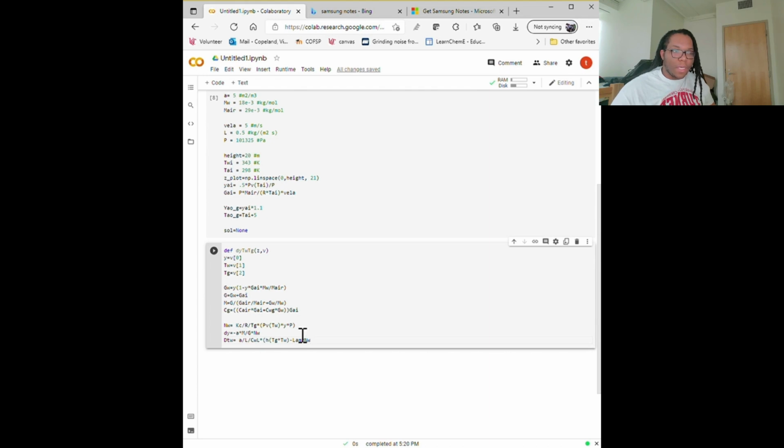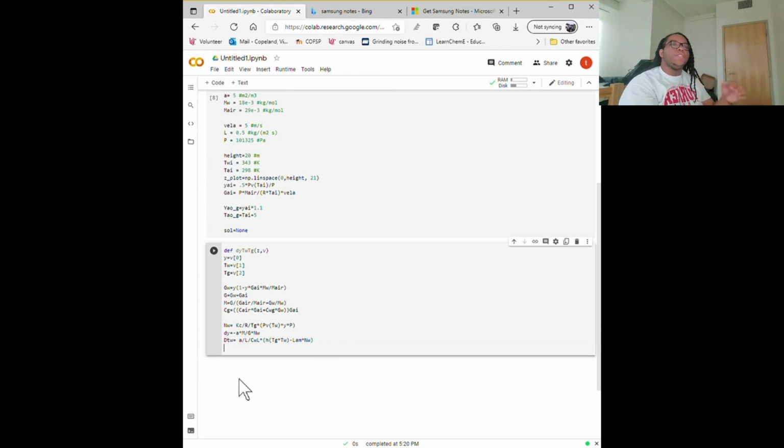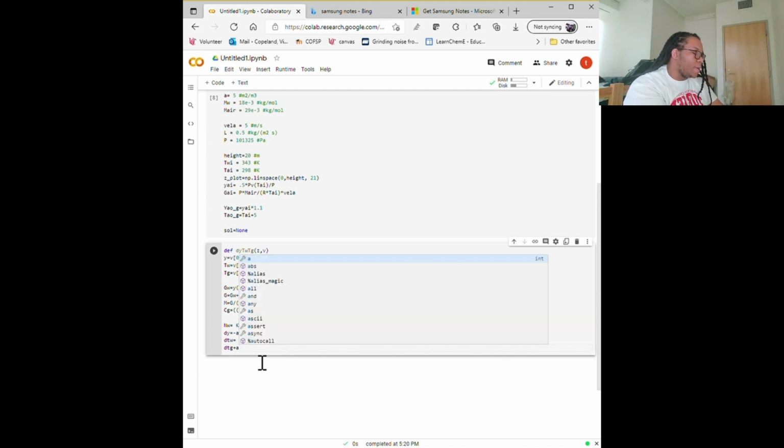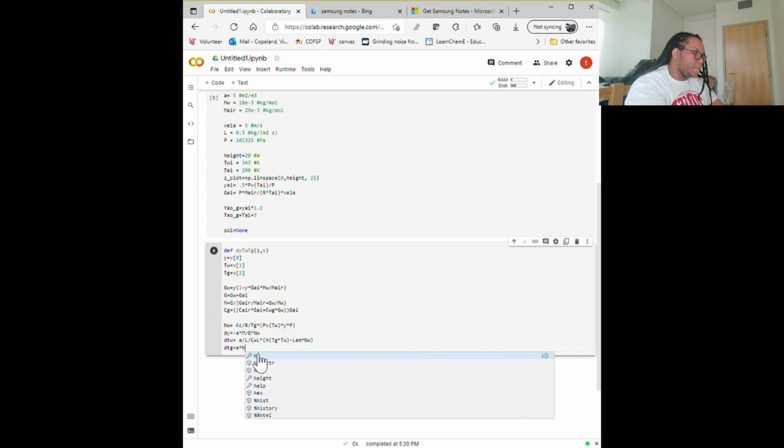All right, and then we're going to now do our changing our temperature of gas. So dTg equal to our specific area times our heat transfer coefficient divided by gas flow rate divided by specific heat of gas times our temperature of gas minus our temperature of water.